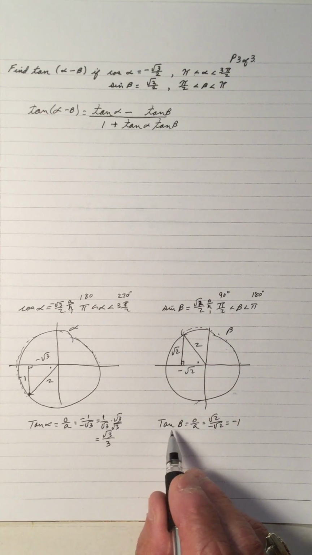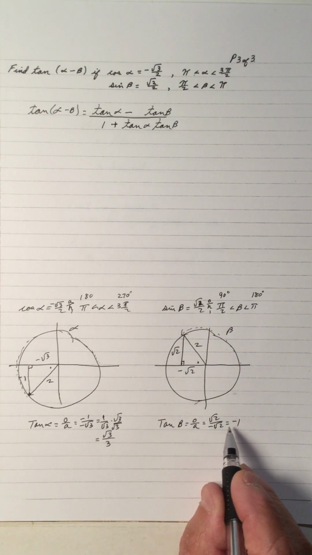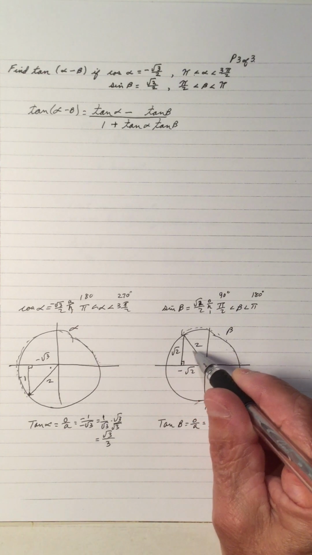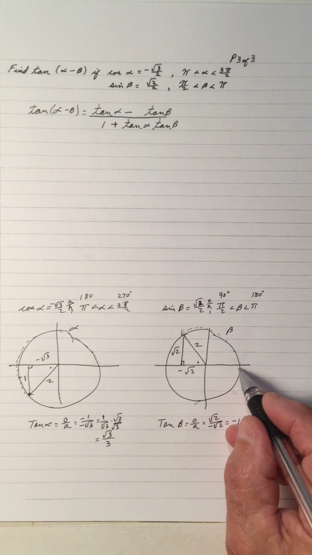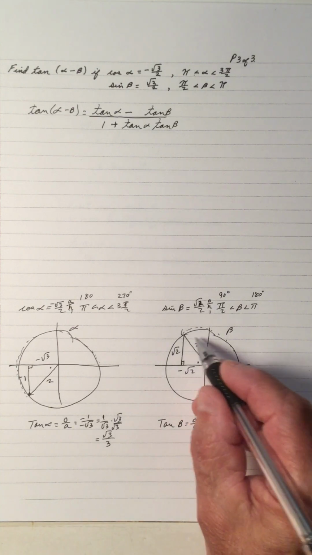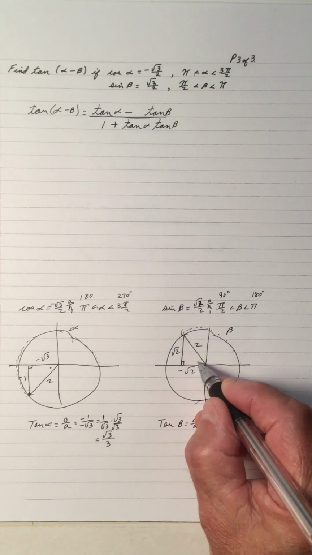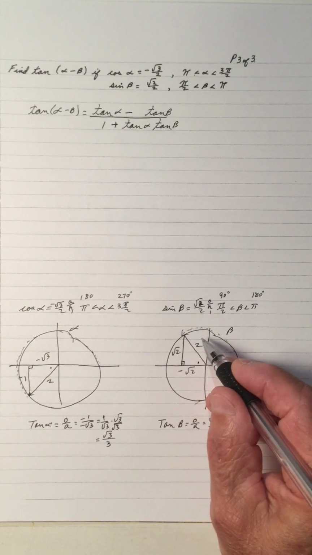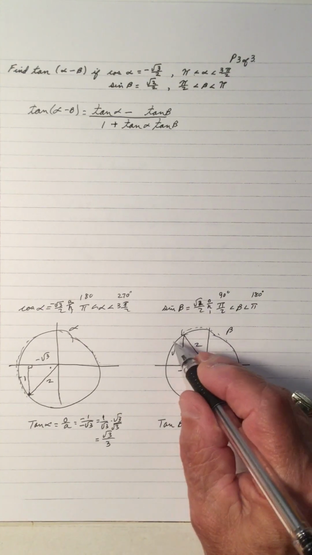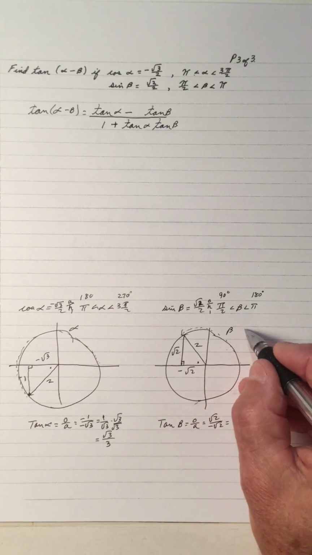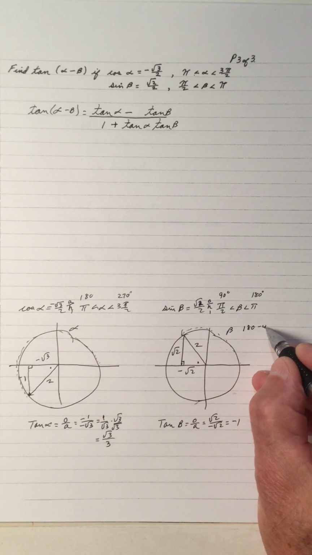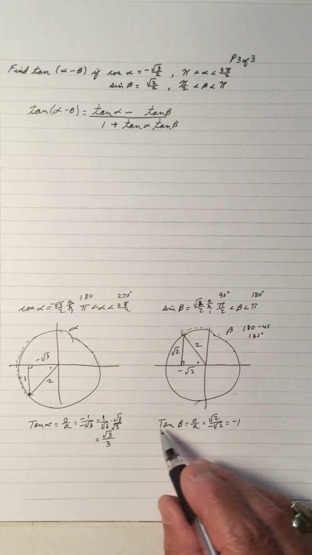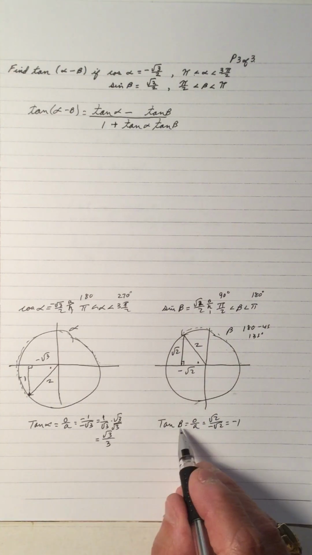The inverse tan of -1 gives you a negative angle here, -45, but over here the reference angle is 45. That means this angle is 135. So 180 minus the reference angle gives you 135 degrees, but we don't need the angle. We only need tan alpha, tan beta.